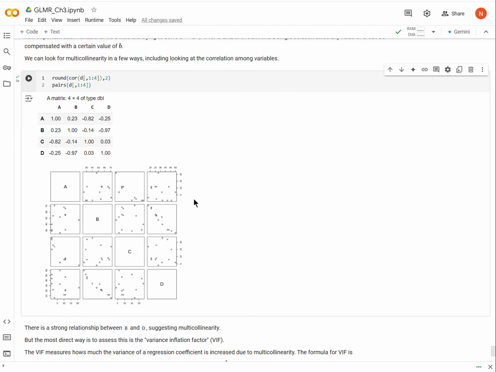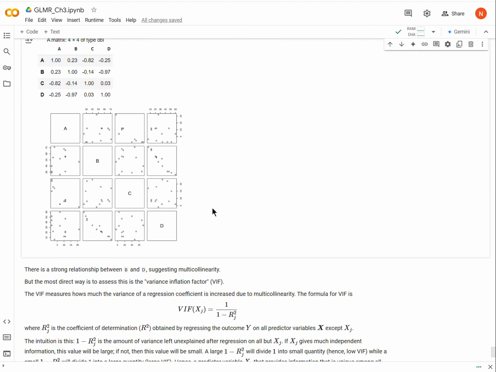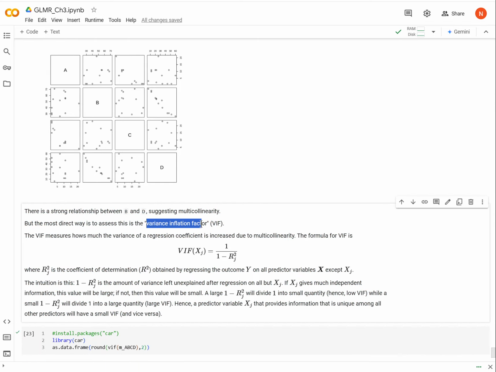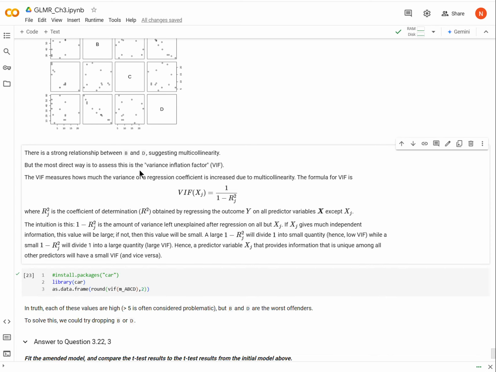Well, okay, so all of that's fine and good, and that's all evidence consistent with there being a problem with multicollinearity, but really the best way to detect multicollinearity is to assess what's called the variance inflation factor, or VIF. Okay, so let's talk a little bit about VIF. What is VIF?